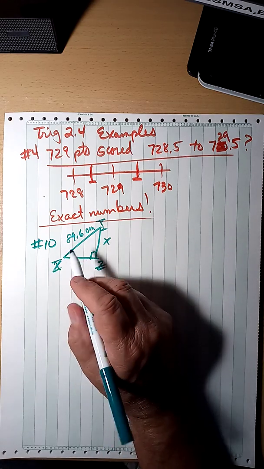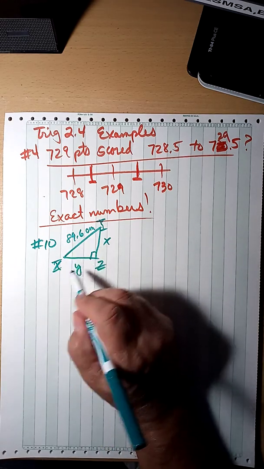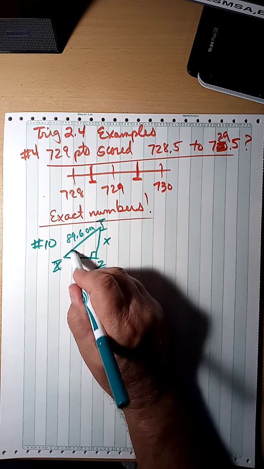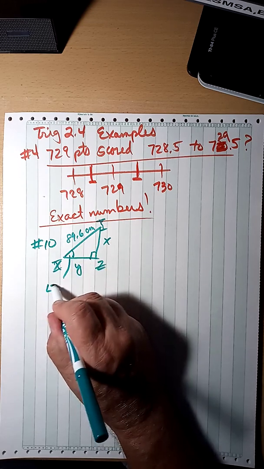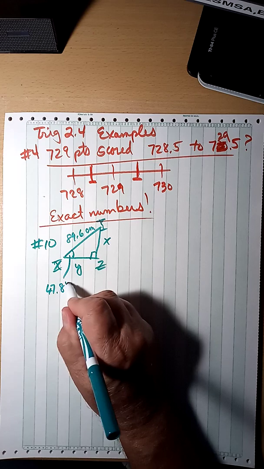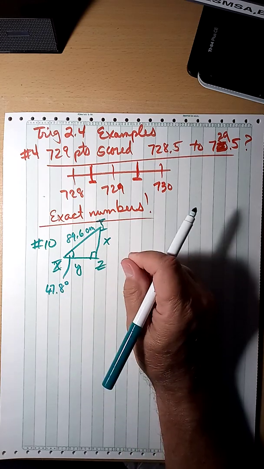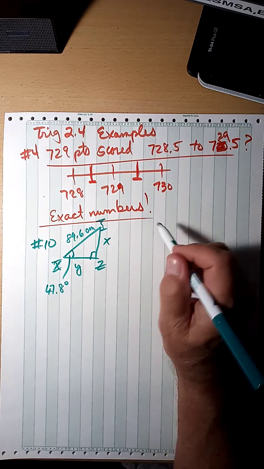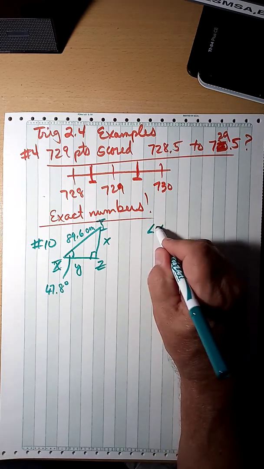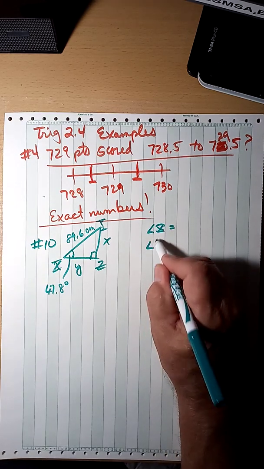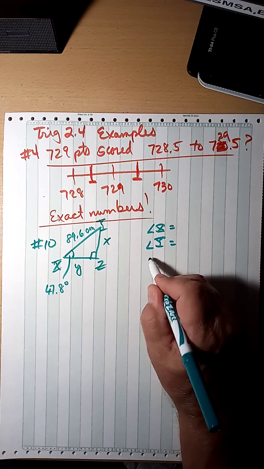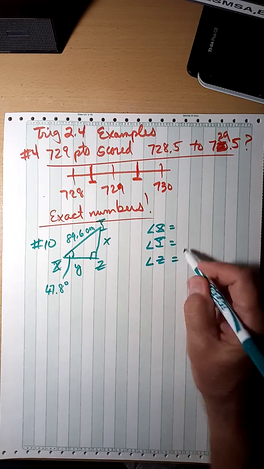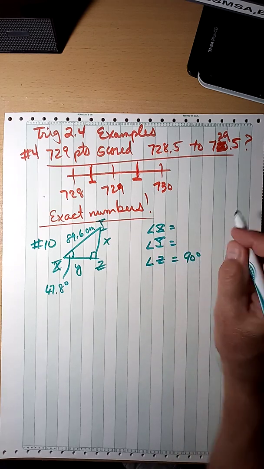So this is the angle 47.8 degrees. So solve each right triangle. We need angle X, angle Y, and angle Z. Well, that's a good one. That's going to be 90 degrees.